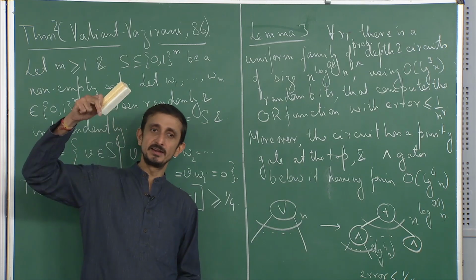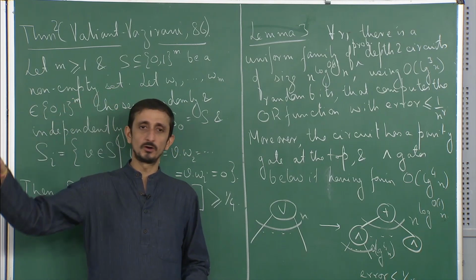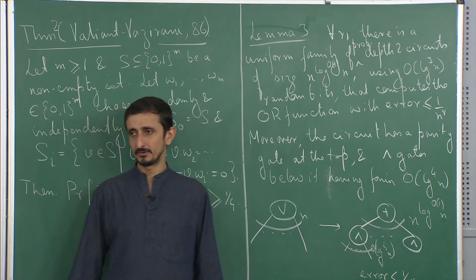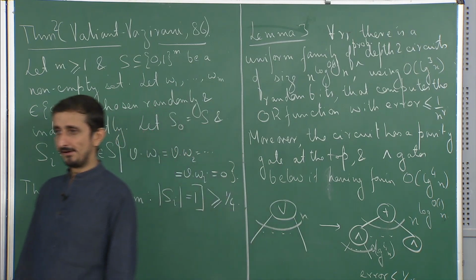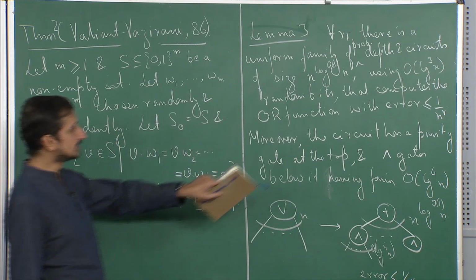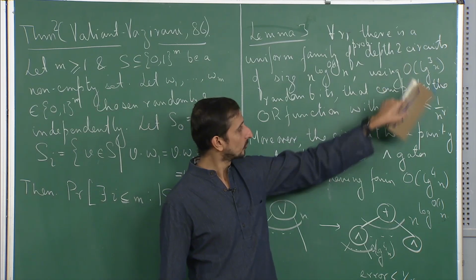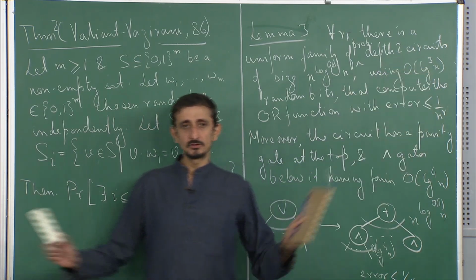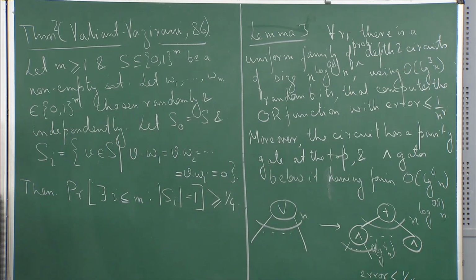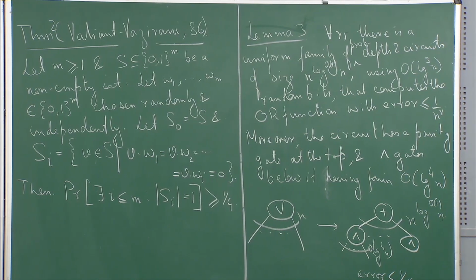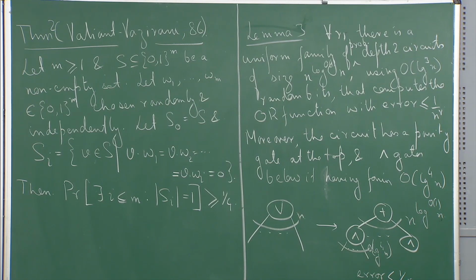So we will put a majority gate at the top, and whatever is the output of that majority gate will be the output. That makes it deterministic. And because it is log cube n, 2 to the power log cube n is still quasi polynomial, so that blow up in size is still within what we can afford. So that is a standard thing.